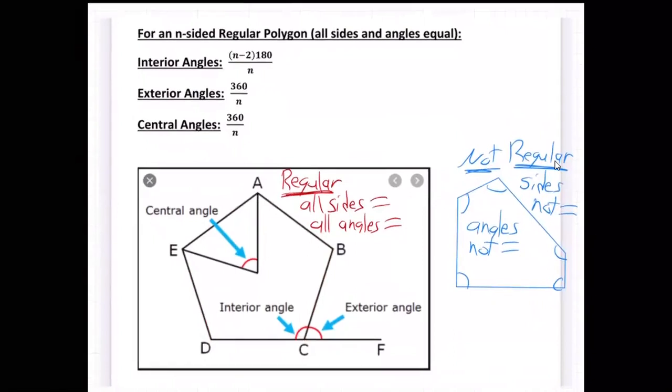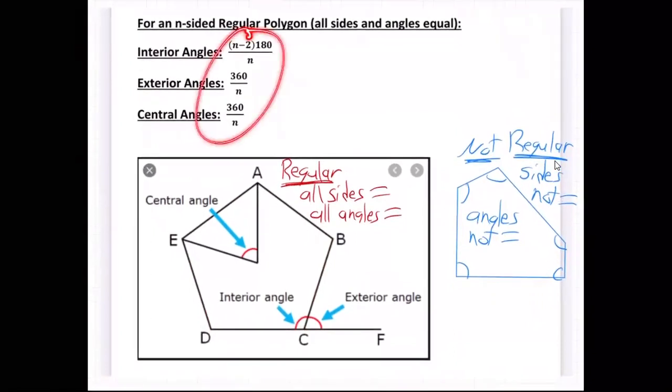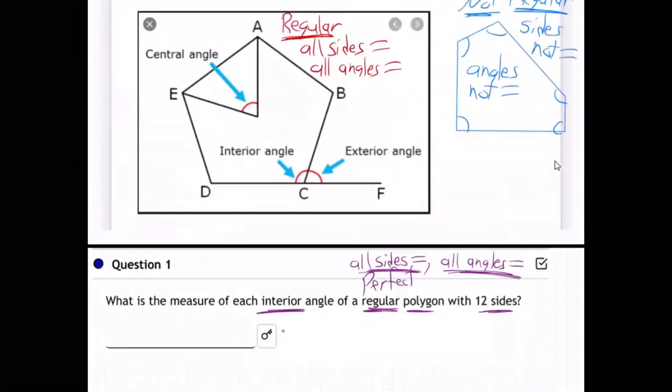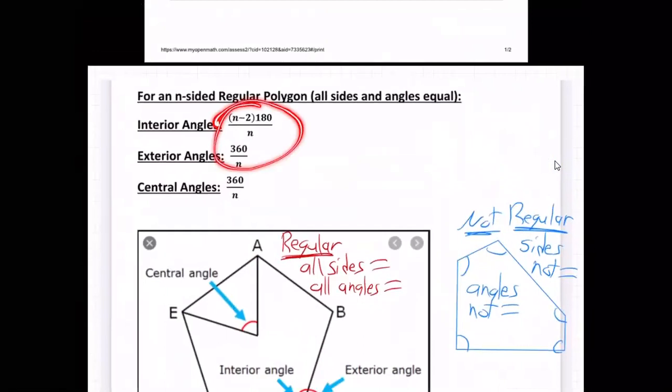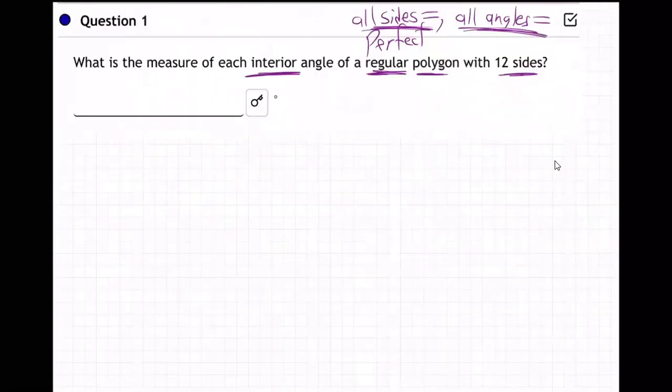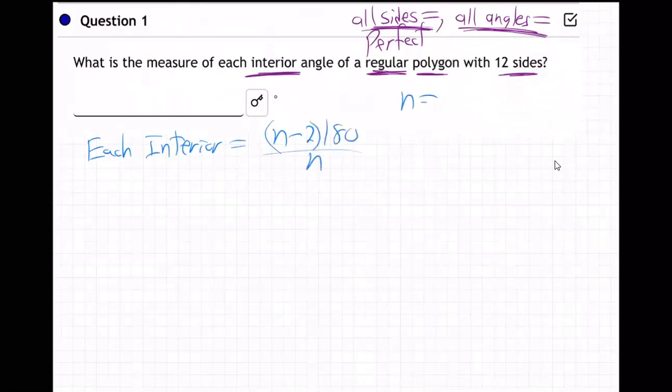Okay, so here's the formulas we need. Which one are they asking for? This one, interior. So there's our formula: N minus 2 times 180 over N. Each interior angle is N minus 2 times 180 over N, where N equals the number of sides.